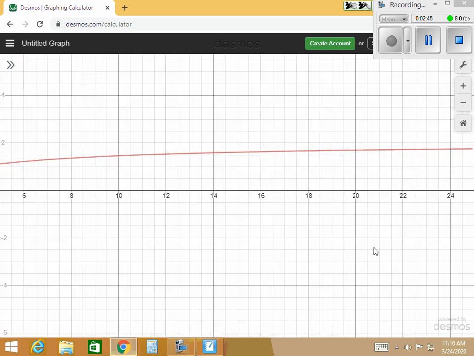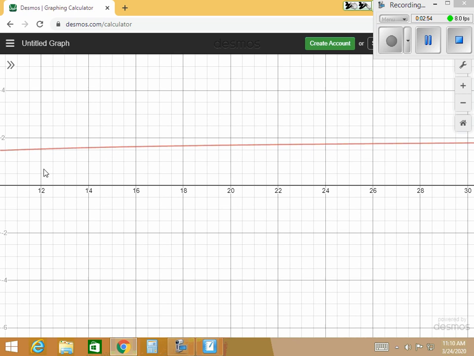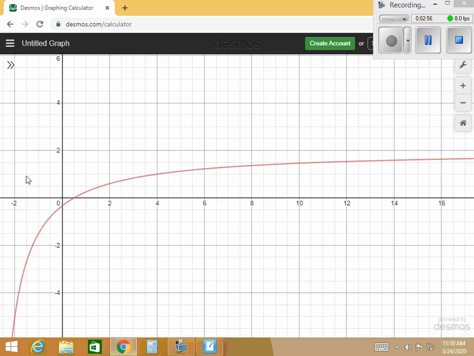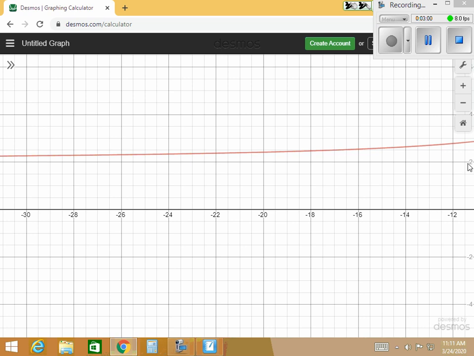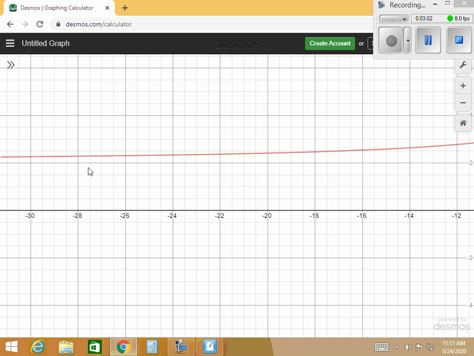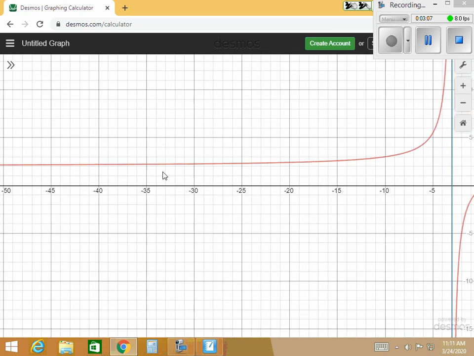If we keep following this graph to the right, it comes from below, but notice it's approaching the value y equals 2. If we follow that graph to the left forever, it's going to approach that line too.